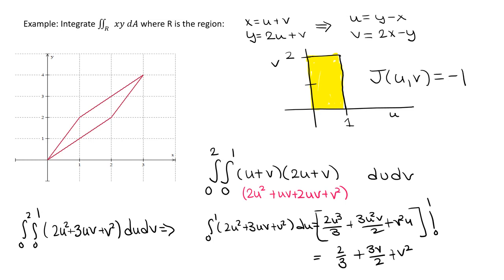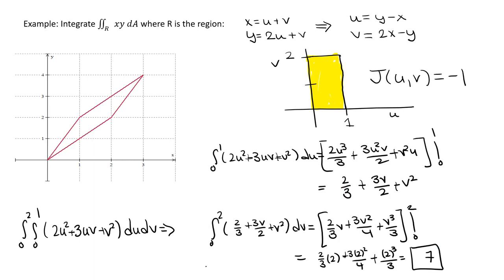And then I'm going to do that inside integral first. So I'm going to integrate with respect to u. I get 2u to the third over 3 plus 3u squared v over 2 plus v squared times u. And then I'm going to plug in my bounds of integration, the 1 and the 0, and again, I'm plugging those in for u. So I'm left with 2/3 plus 3v over 2 plus v squared, and then I guess technically it's minus 0.